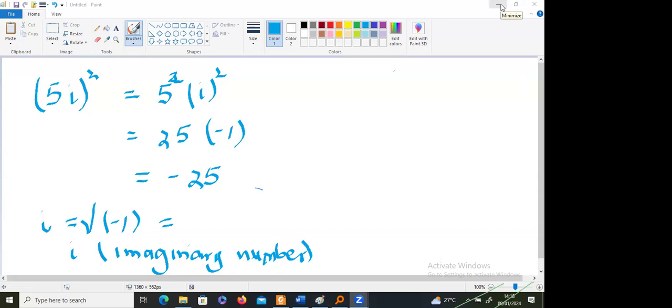And we are going to use this i. Those of you who have other books, there are some books that you find using the small j, but most books use i for the square root of -1. Okay, then we can continue now and say, if we know that i is the imaginary number that is standing in for the square root of -1, we can get square roots for all negative numbers. And we can also square these imaginary numbers and get there.